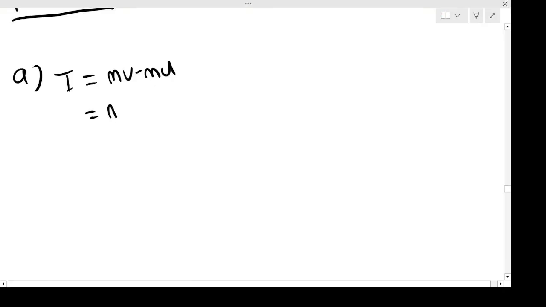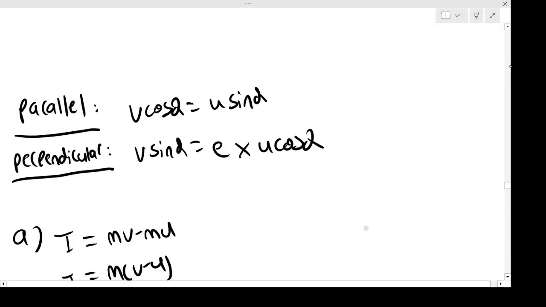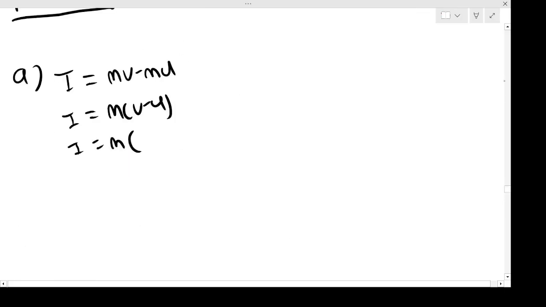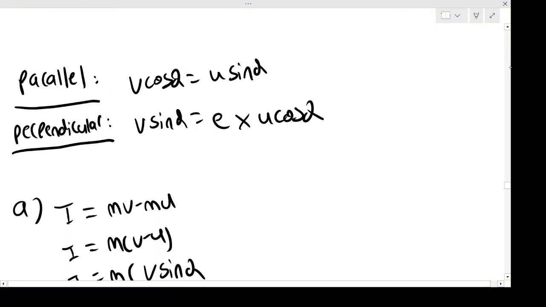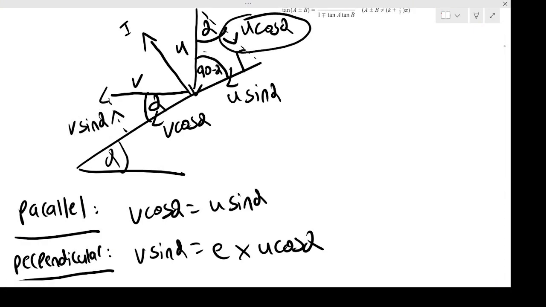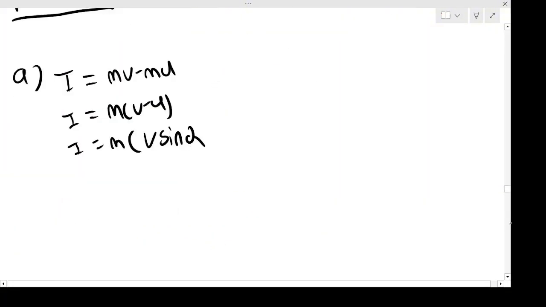So that means it's going to be m of v minus u. Okay, so it's going to be m. Now, what's the perpendicular speed afterwards? It's v sine alpha, right? And then I'm going to take away the perpendicular speed before. That's going to be u cos alpha, but remember directions matter. It's going downward in the negative direction. So it's going to be minus u cos alpha.